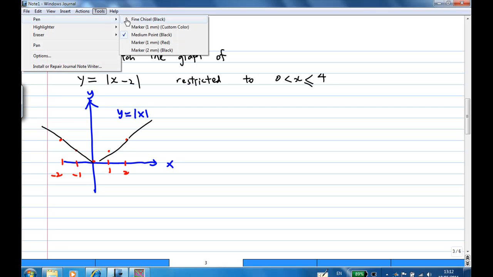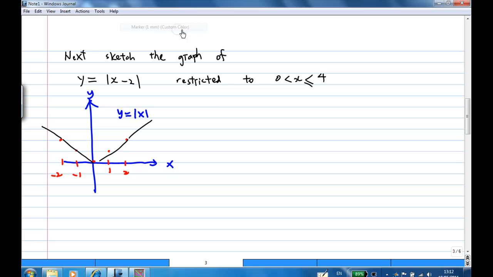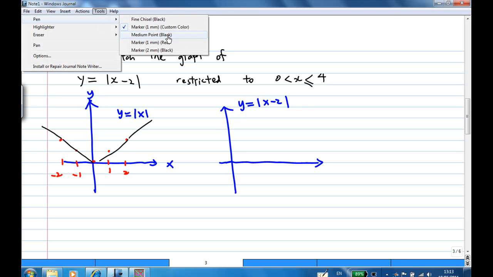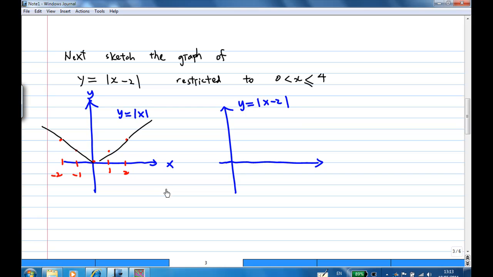Now our function is y equal to absolute value of x minus 2. So if I draw the xy axis again, this time the graph is shifted. Set x minus 2 equal to 0, get x equal to 2.